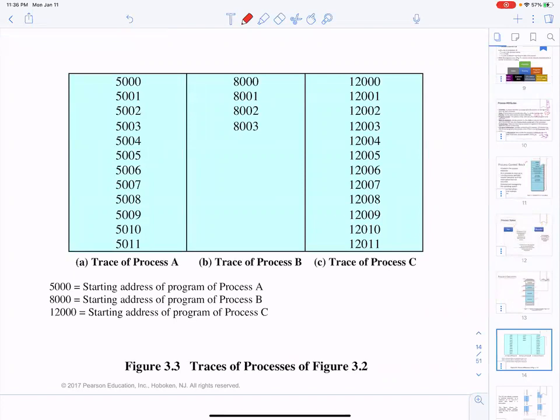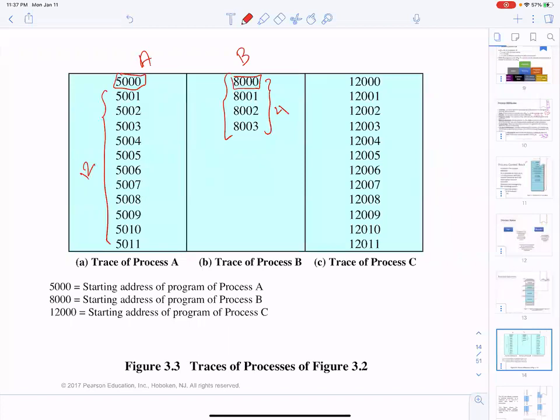If we list the sequence of instructions for process A, it starts from address 5,000 in the main memory, and only 12 instructions are needed to execute process A. For process B, the starting address is 8,000, and it only consumes 4 instructions.